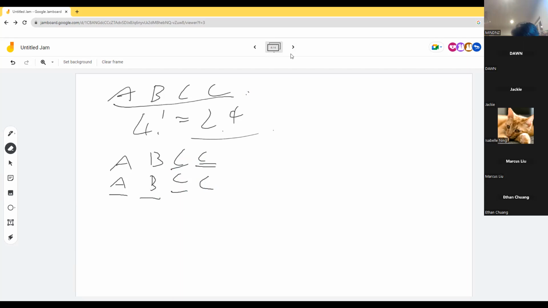For example, if we made the C's different, let's call them C1 and C2, then if the first letter is A, then if the second letter is B, then if the third letter is C1, then C2 is forced. If the first letter is A, then B, then C2, then it's C1. Then if the second letter is C1, then B, C2, C2, B.